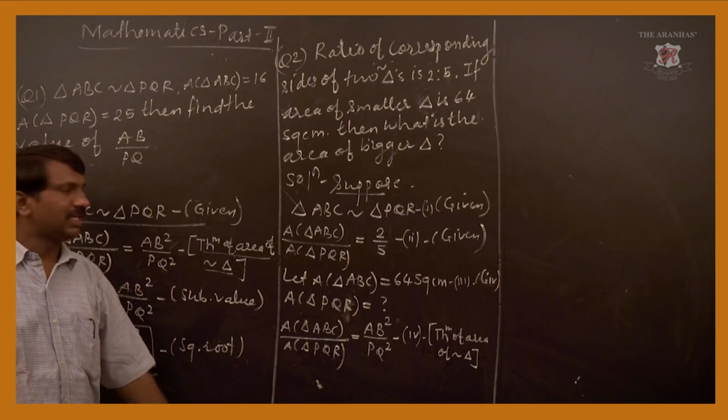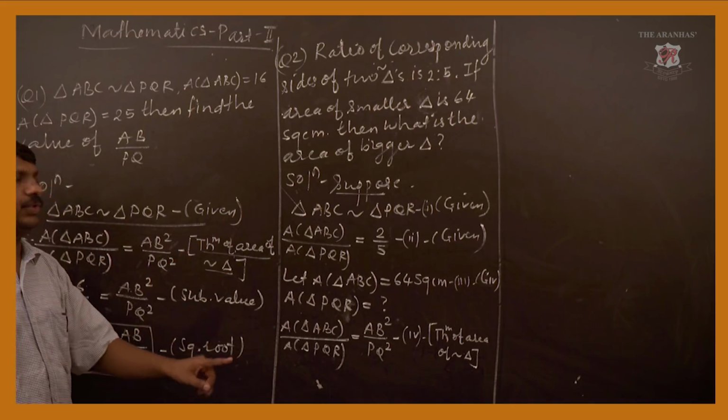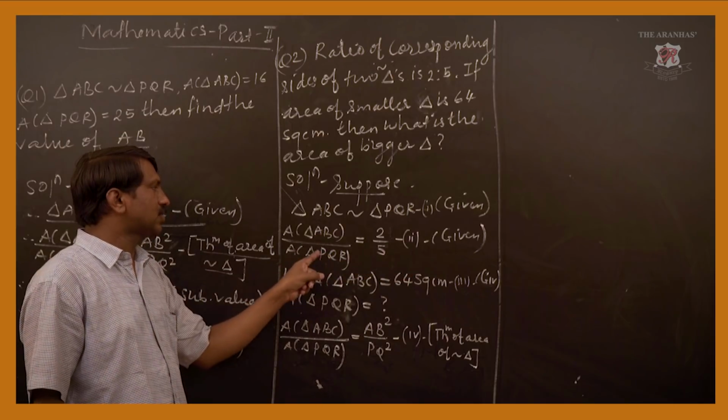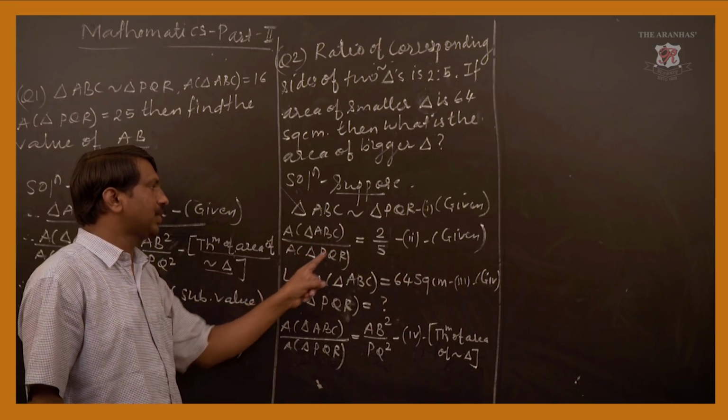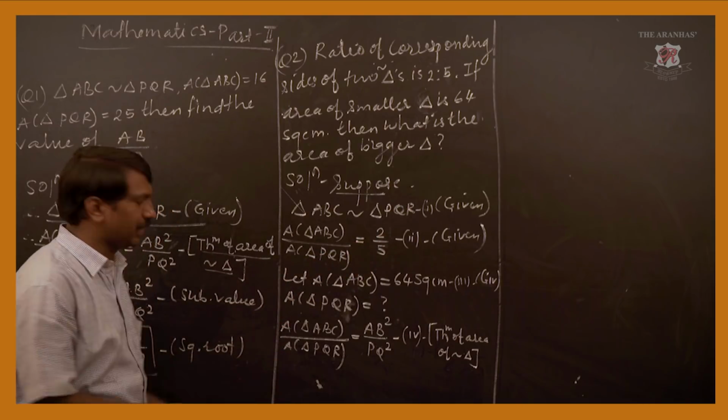In statement number 4, it's time to substitute the value. If you observe statement number 2, the ratio of area of triangle ABC upon PQR was written as 2 upon 5, and we were going to substitute it in our LHS.